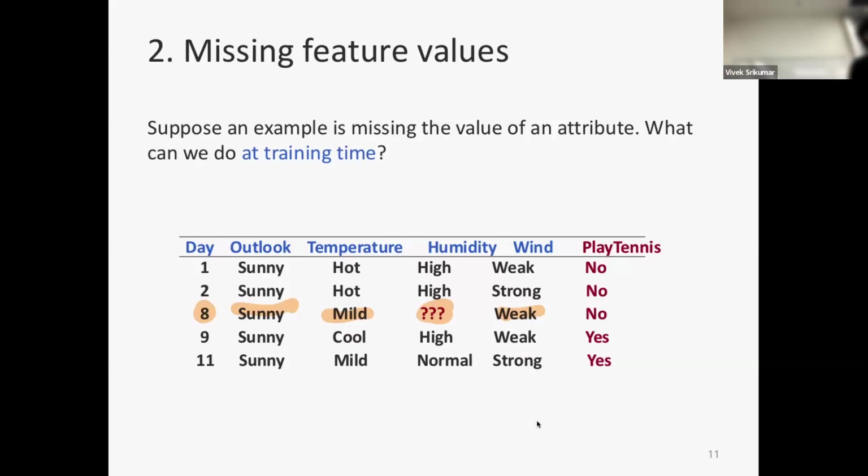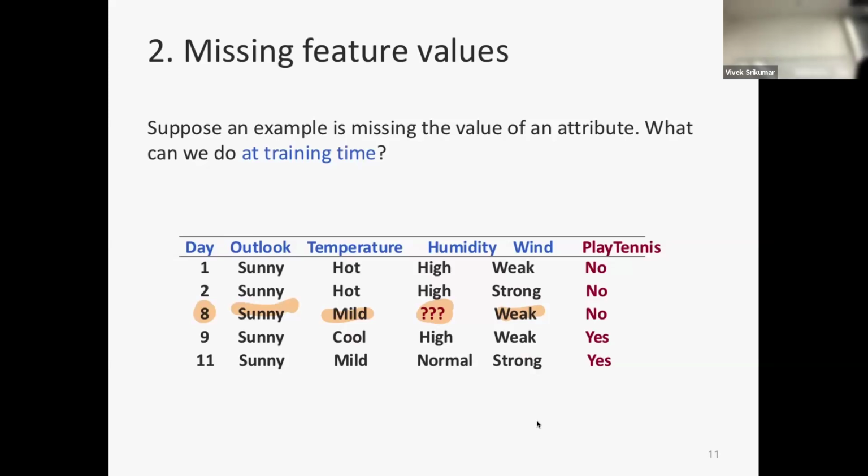We don't have another example of that kind. But essentially, you are trying to compute the value of that feature using the other information that you have. Did someone else? Yeah. Can we pick the most common occurrence, like for humidity? You could do that. You can pick the most common occurrence, and in this case, it will be high.